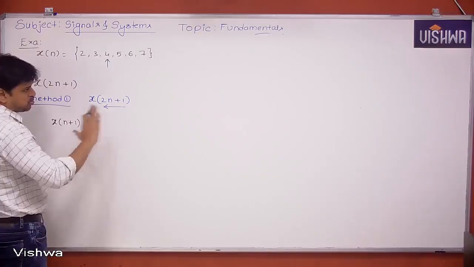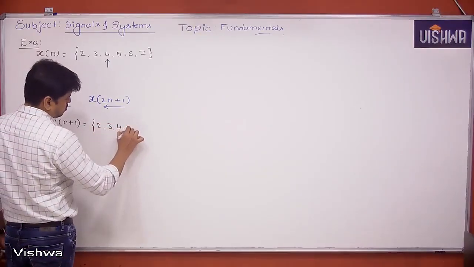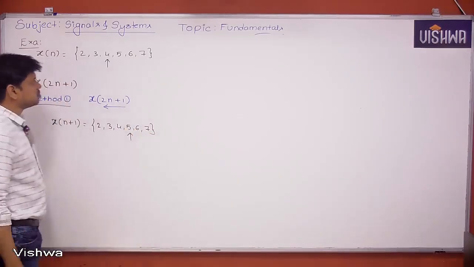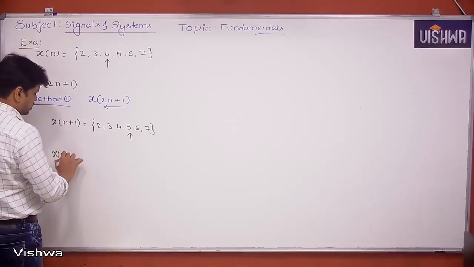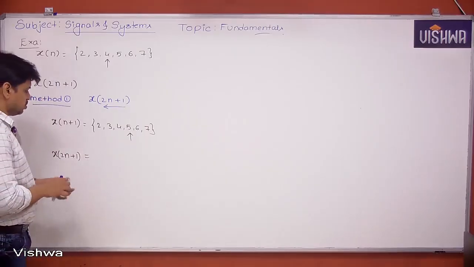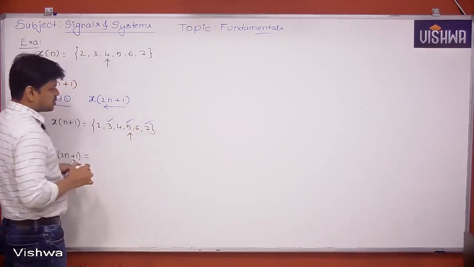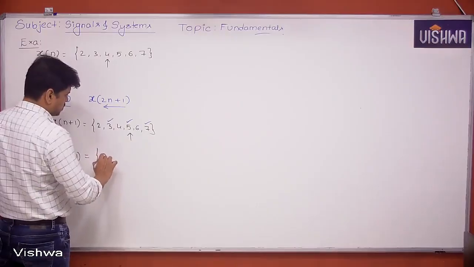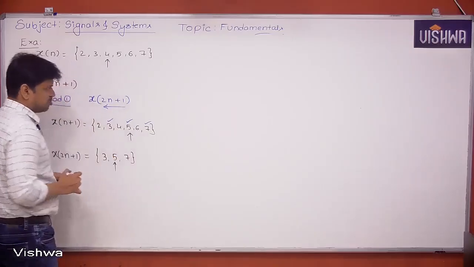That means the arrow has to move to the right side by 1 unit. That's x of n plus 1. Next I can calculate x of 2n plus 1, that is, n is replaced with 2n. That means we keep the 0th position as it is and pick every second sample towards right and left. Then what we get is 3, 5, 7. So this is the natural method.